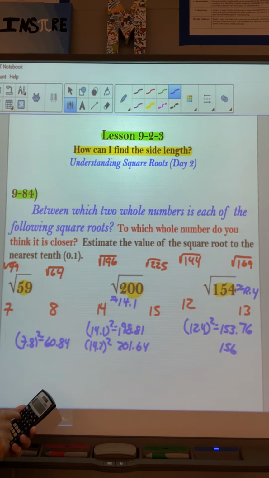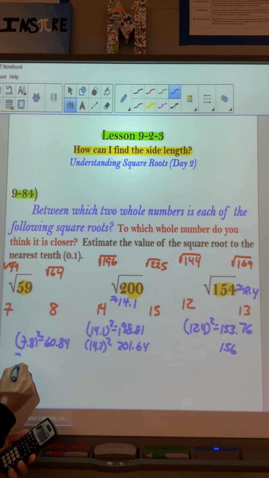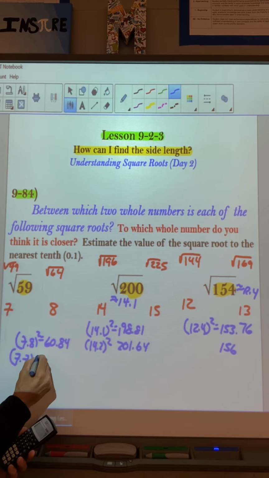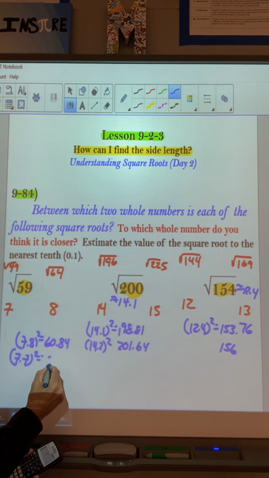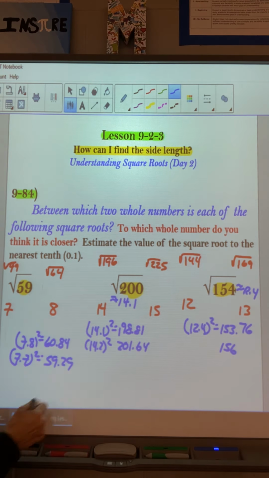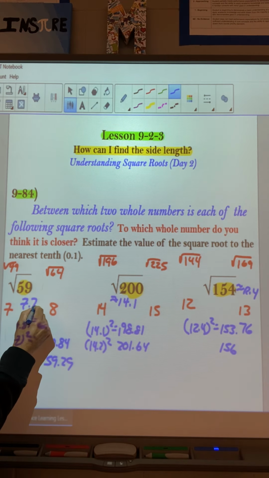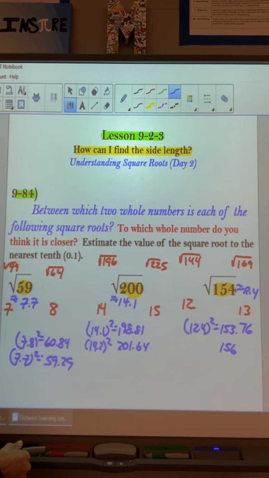So that's a little bit high, so let's try 7.7. 7.7 squared equals 59.29. Well, that one's really close, so I don't think we're going to get much better than that. So we're going to say 7.7 is my approximate to the nearest tenth.